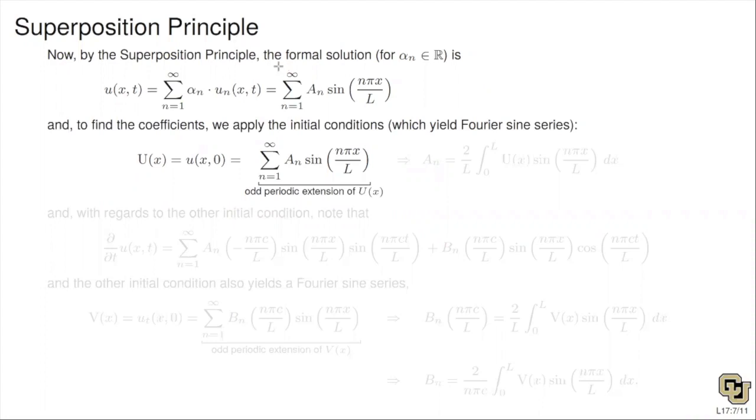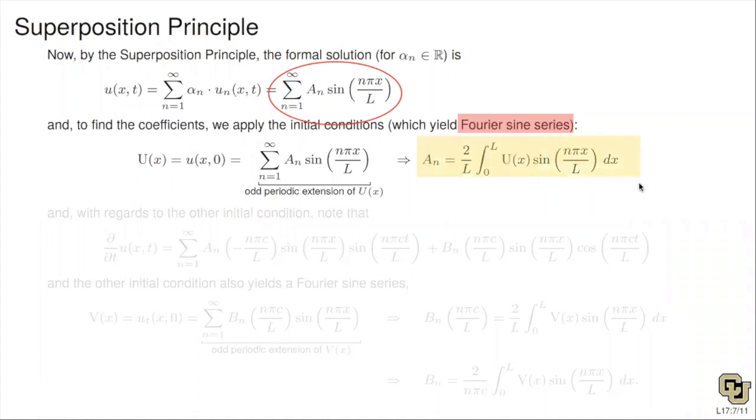If we take a look at what's left, from our knowledge of Fourier series, we identify that as a Fourier sine series. And we know sine of n pi x over L forms an orthogonal basis. We can use orthogonality to find a formula for a sub n.